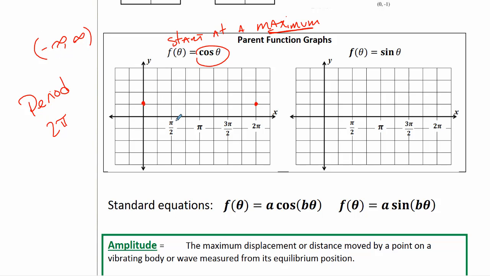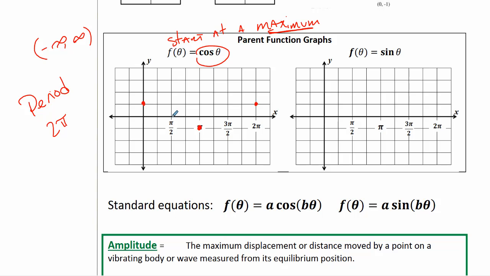They keep on going. And then in the middle of our period, from 0 to 2 pi, halfway between, we have a minimum. So this is a maximum, and halfway between, we have a minimum. Remember the cosine value of pi? That was -1. And then halfway in between those, we're going to have zeros.